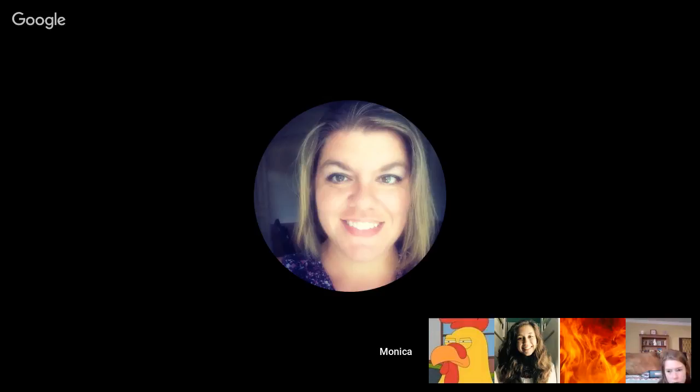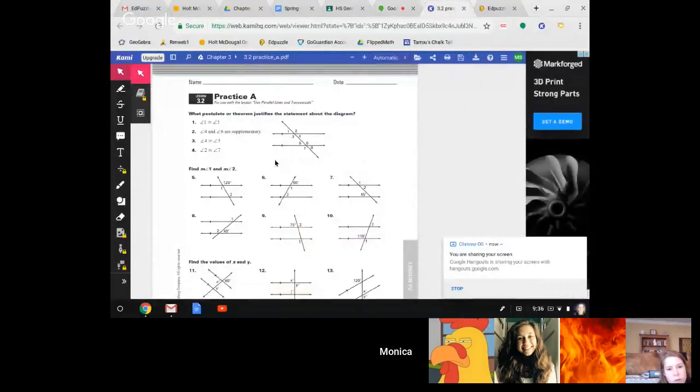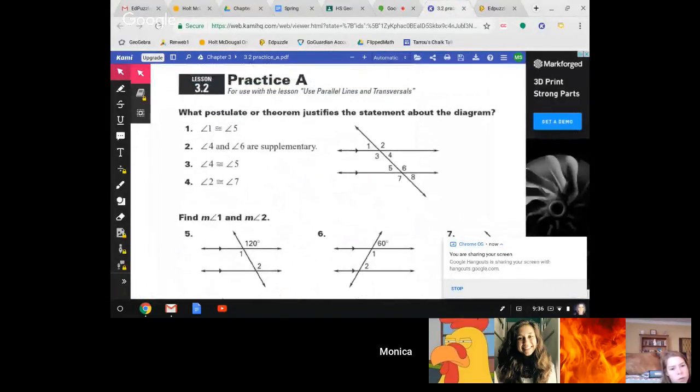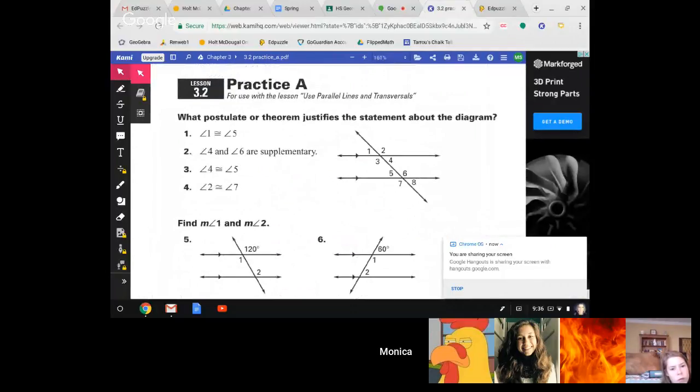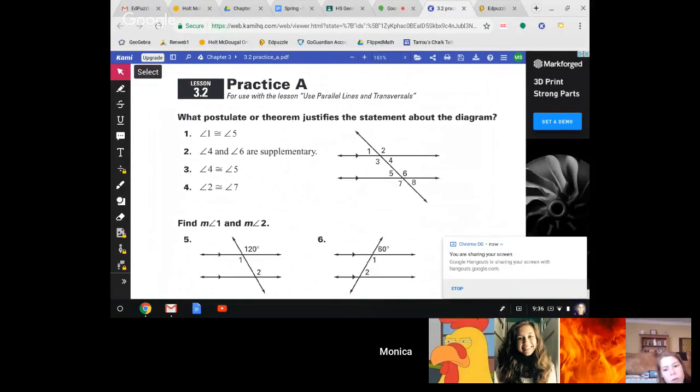Hey, Charlotte Ann. So, for number two, if you're looking at angle 4 and angle 6, okay? 4 is here and 6 is here. Here are your two lines, right? And this is your transversal. So those two angles are inside, right?